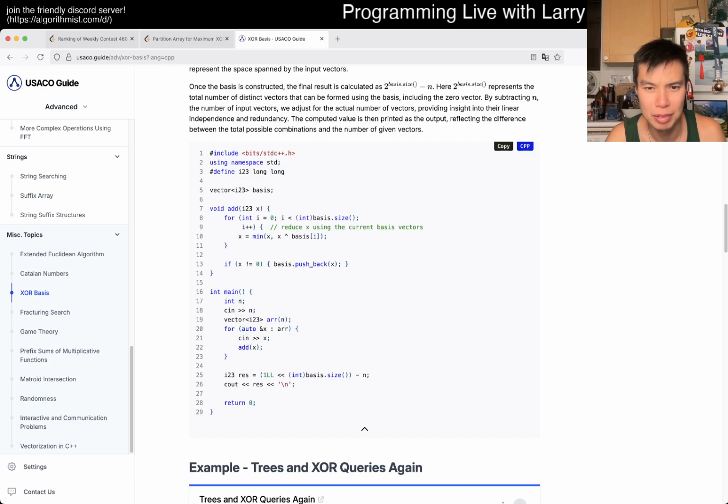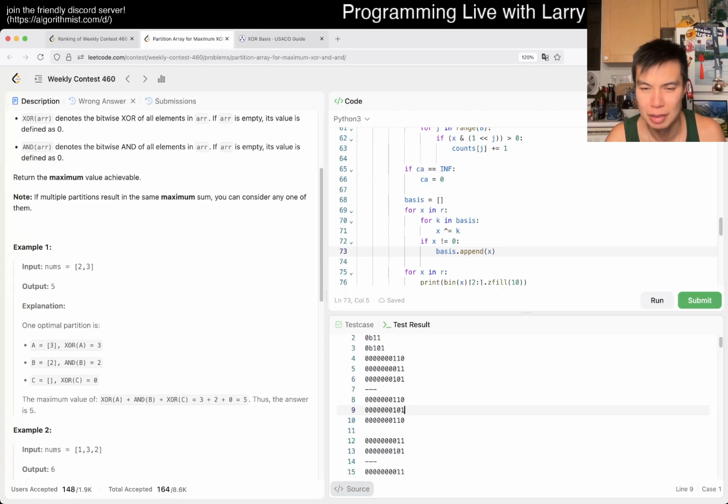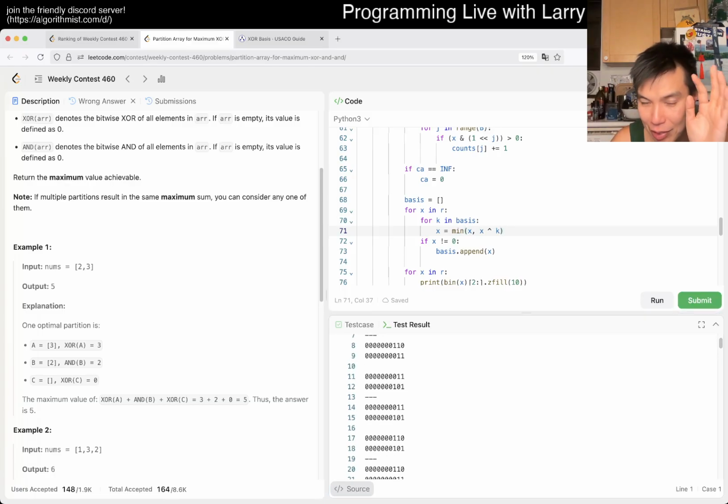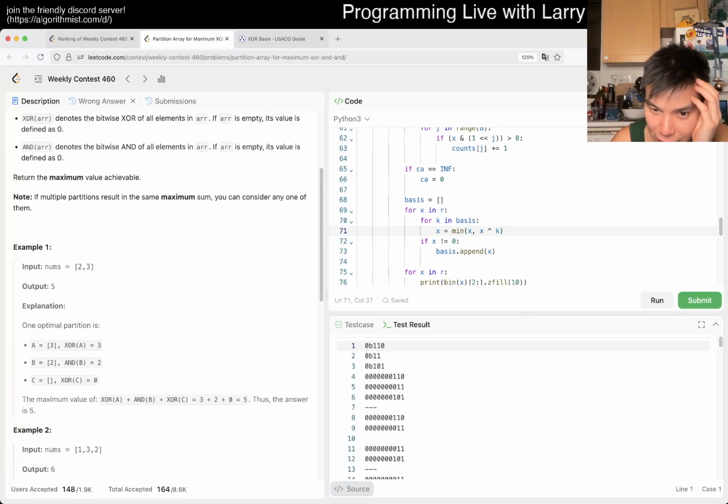Oh, wow, what? Oh, I definitely misunderstood this one. Okay. I actually did not understand what was going on at all. So I may have to think about what this means again. So there's 2 as a basis.